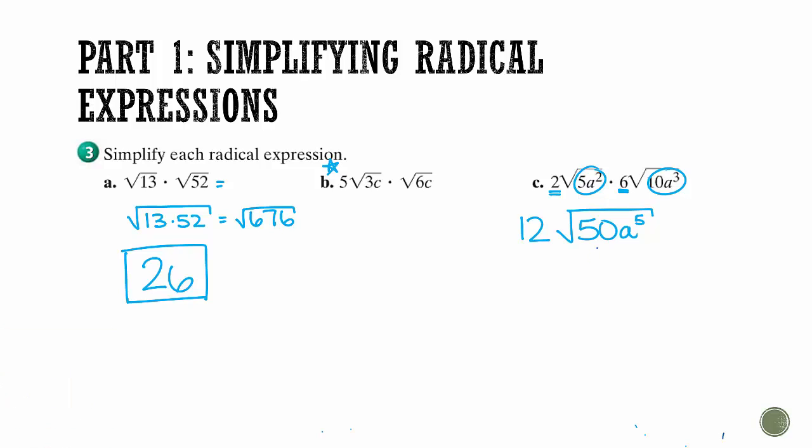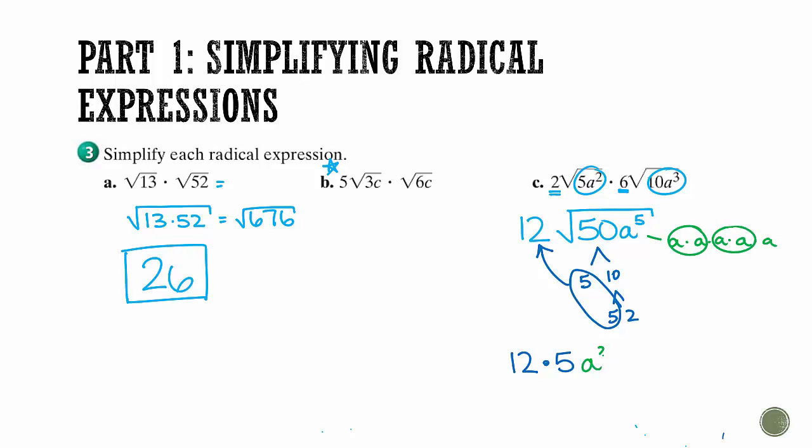So break this down. We've done 50 before. We know it's 5 and 10, and then 5 and 2. So we can take out a group of 5's. So on the outside we have that 12. We could take out a square of 5. And then let's look at the a's. If you have 5 a's, you can make 2 groups.